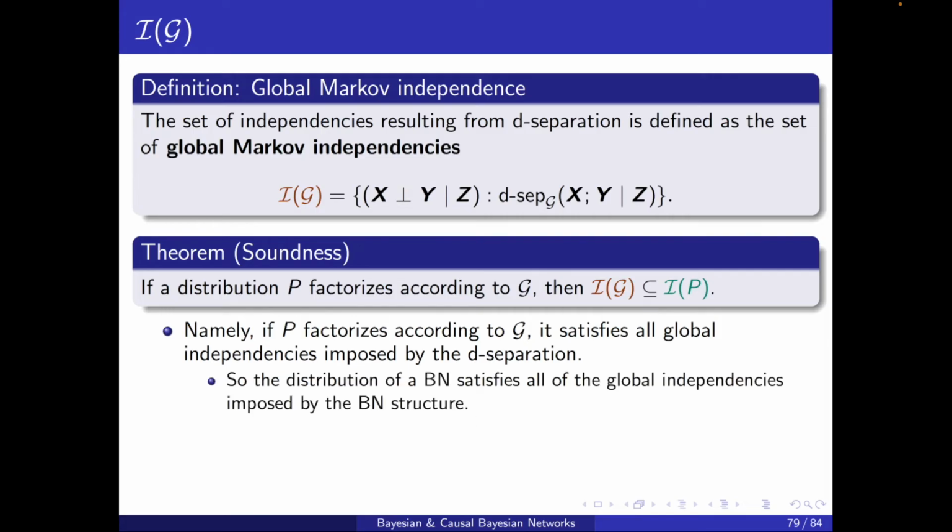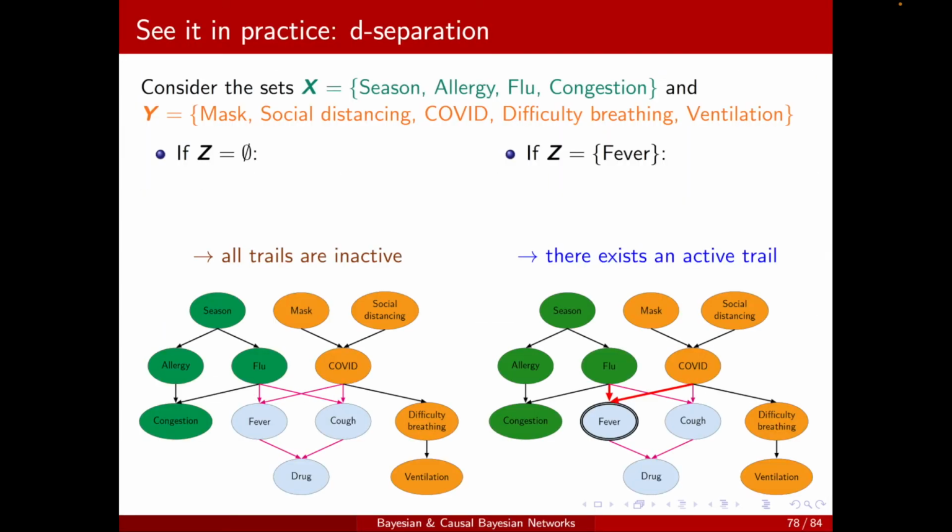Now, note that ILG, the set of local independencies, is a special case of this global Markov, okay? And why is that? Just note that, for example, if I want to say fever, the local independencies say that fever, conditioned on its parent, becomes independent of all of its non-descendants, okay? So if I want to do D-separation here, I would ask: what are the trails that connect fever to its non-descendants?